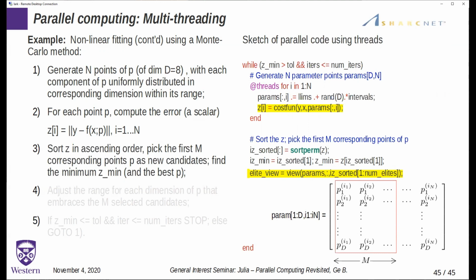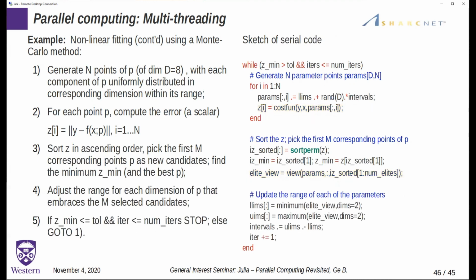By the indices of the sorted array, we find the corresponding vectors of the parameters. We pick the first m of them as the candidates. And we use a view of the m selected column vectors from the d by n array instead of referencing it directly, to avoid a memory allocation in Julia.